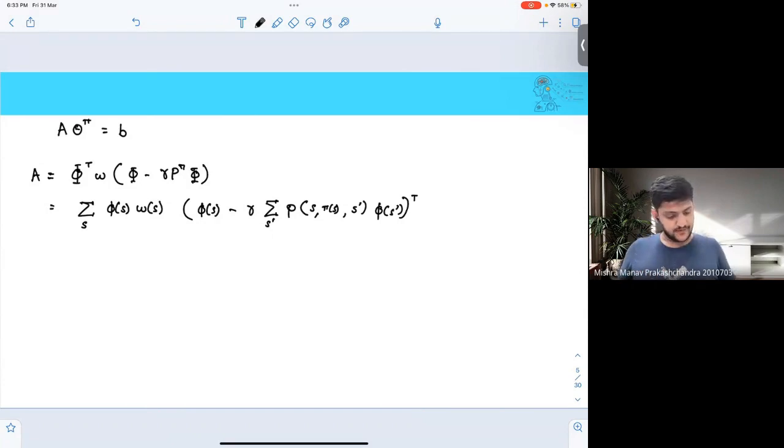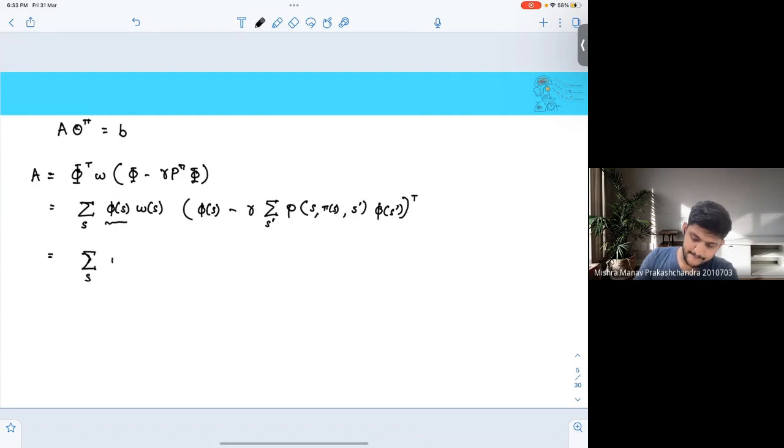Now I can write it in this way as well. What I'll do is take this phi(s) term inside the bracket term and see how it looks, and it will become clear why I'm doing this.